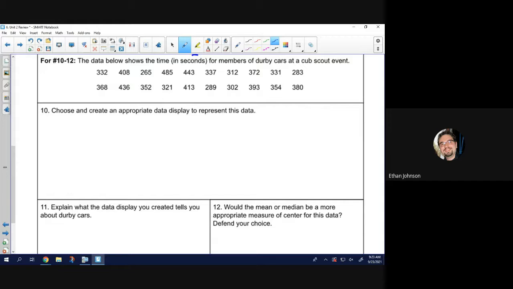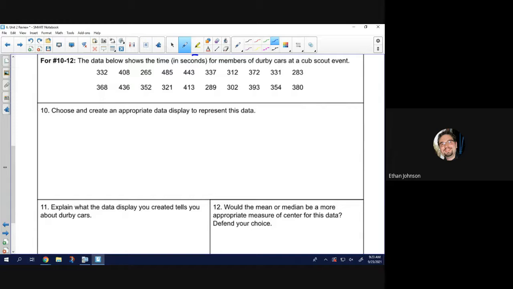So, we could make a dot plot, go from our smallest number, looks like the 265, to our largest number, which looks like it's the 485. Put dots above the numbers. We could type the numbers in our calculator, get our quartiles, and make a box plot.